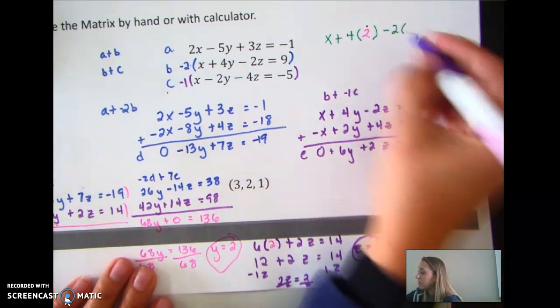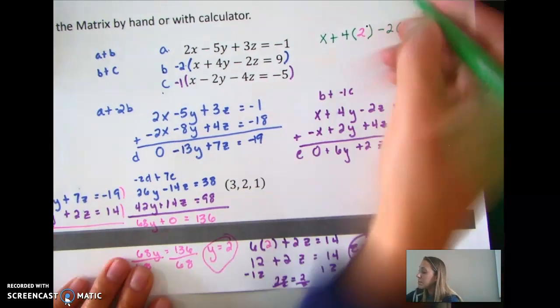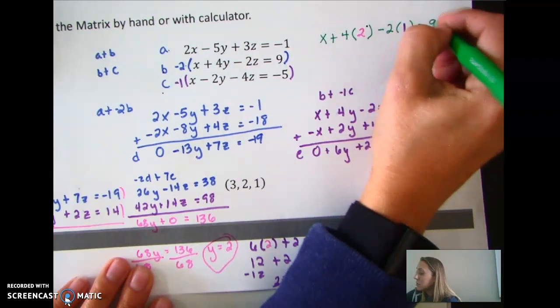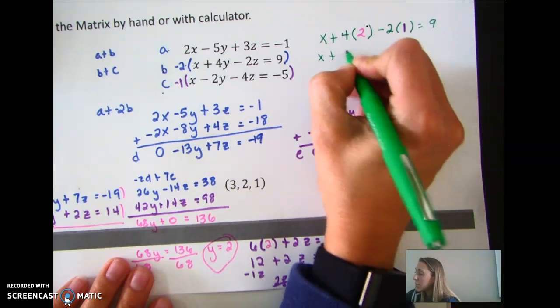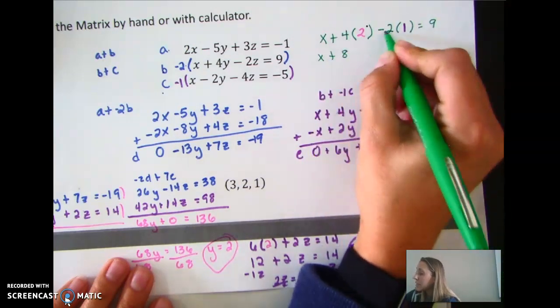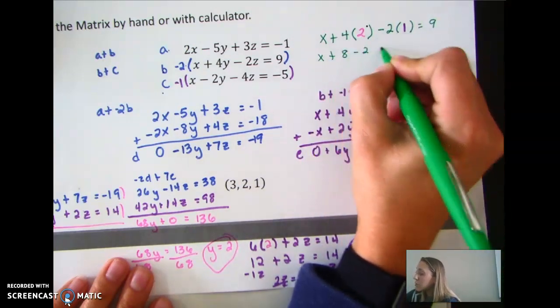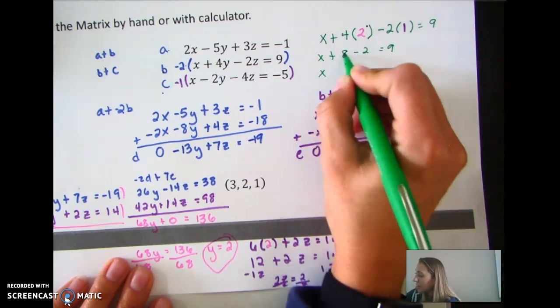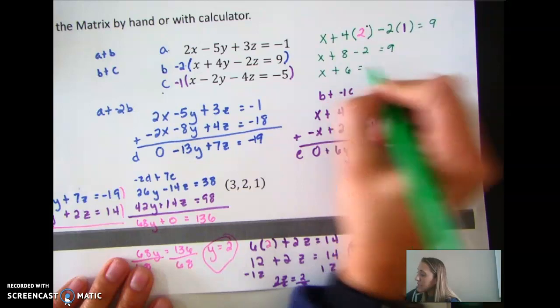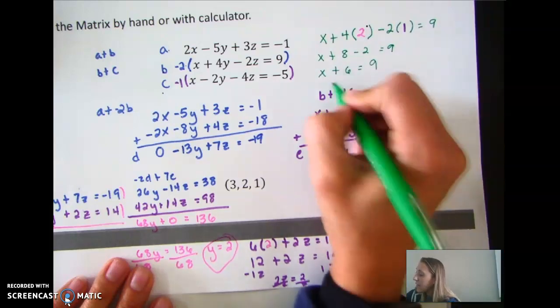It was 1. Plug in a 1, equals 9. Well, then I get x plus 4 times 2 is 8. Negative 2 times 1 is negative 2, equals 9. Then I get x plus 6 equals 9.